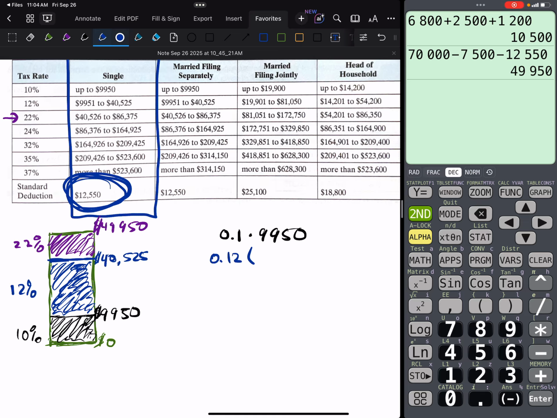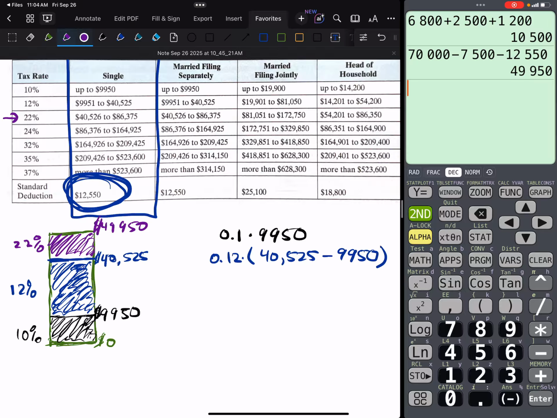Well, that's going to be $45.25 minus the $99.50. And that will give me all of the money between those two values. I multiply that by 12%. We'll go ahead and take out the implicit multiply there. Okay.